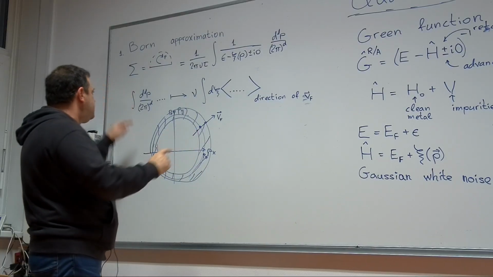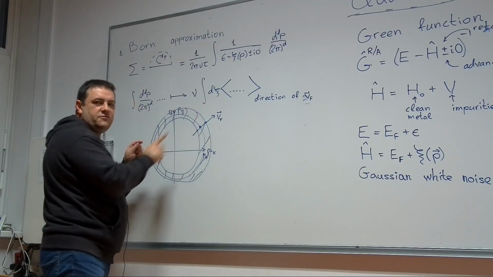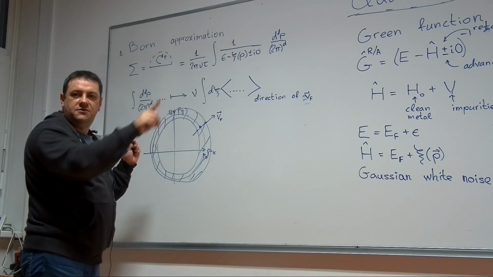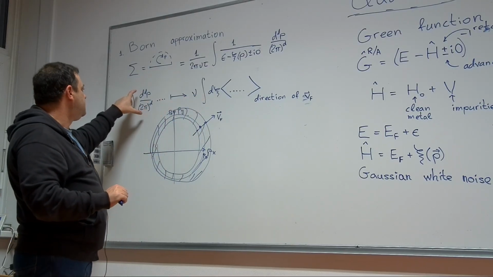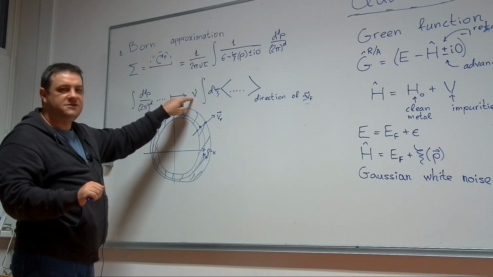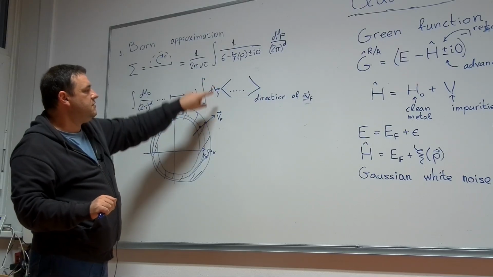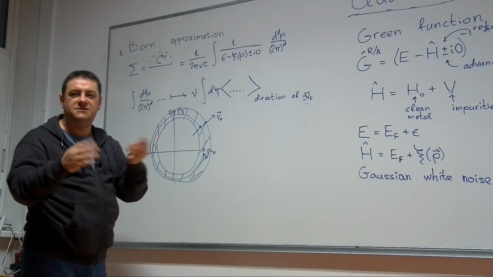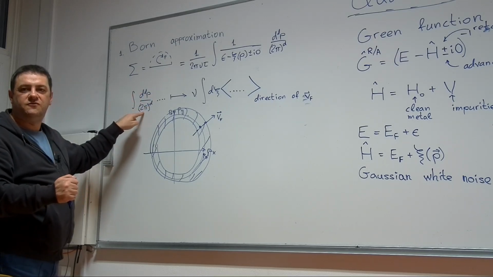So instead of this two-dimensional integral, we can say it's an integral over the radius, which is represented by ξ, and over directions. And actually, ν is the correct factor here. So the density of states has exactly this meaning: how many states we have in a given energy window. dξ is the energy window, ν times dξ is the number of states in this window, and this here also counts the number of states.